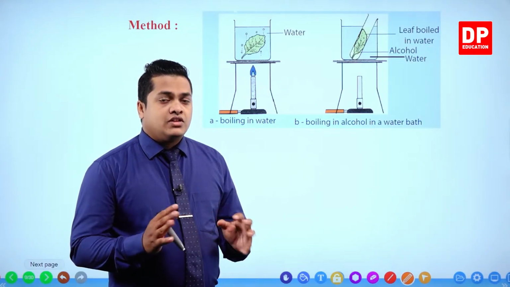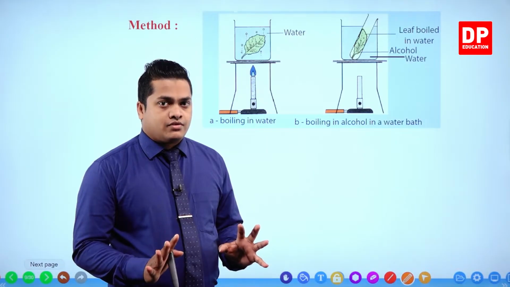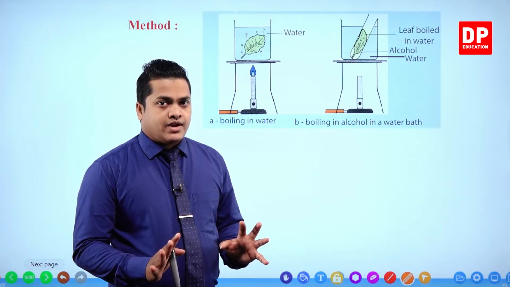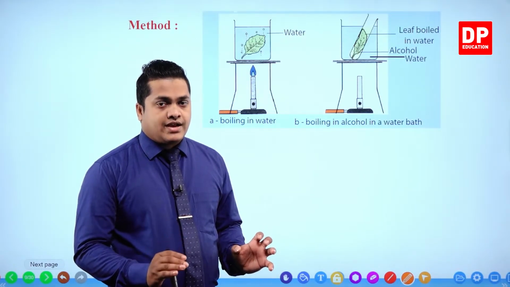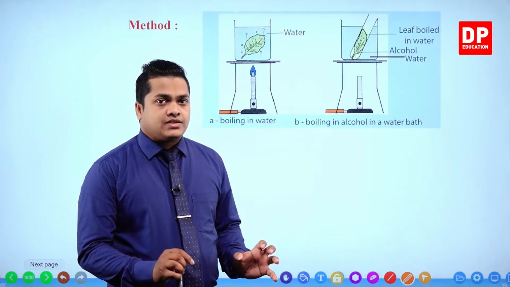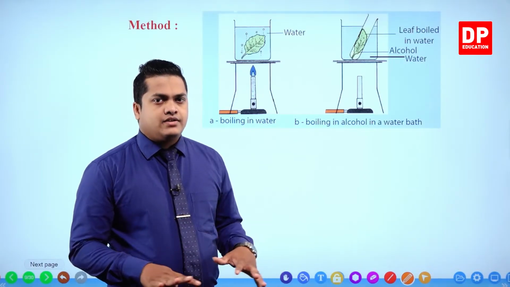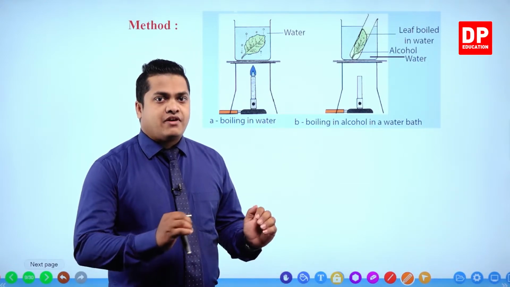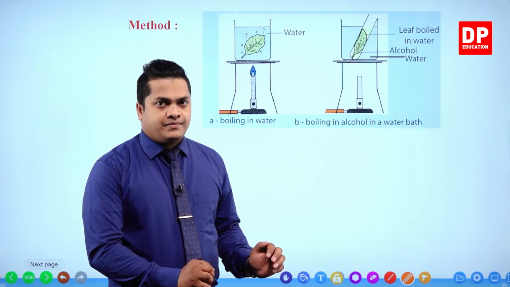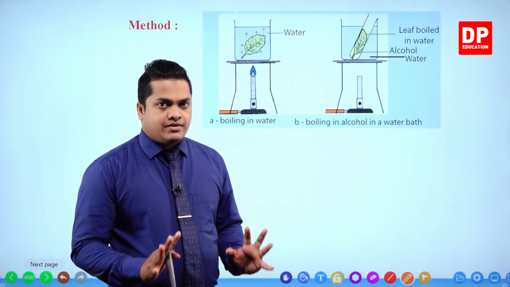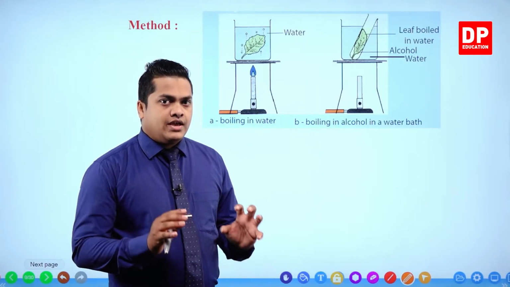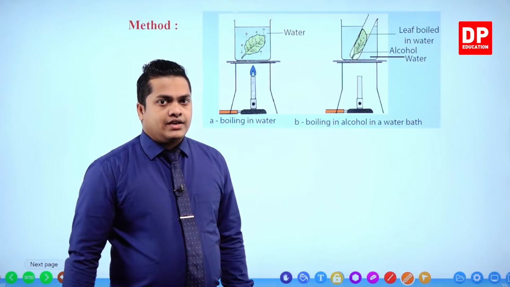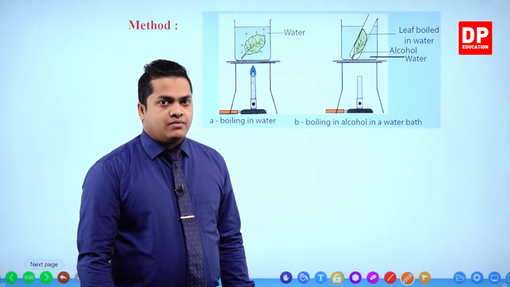In your O levels there is also a lesson called photosynthesis at grade level. In that lesson we'll be discussing this entire experiment in detail. So this is the foundation for you guys. Listen very carefully and get the idea on doing the experiment.